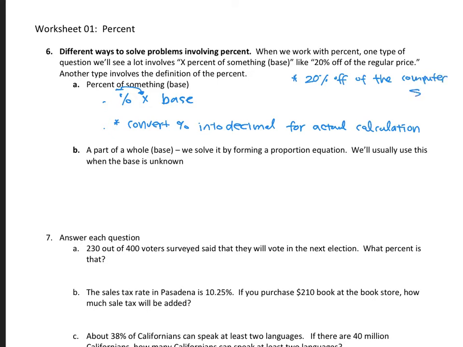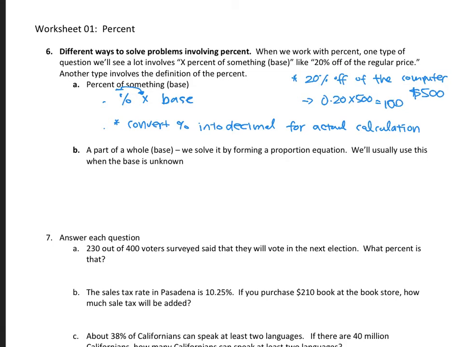this computer is $500. What does that mean? That means it's 20% times 500. So 20% converted to decimal is 0.20 times 500. If I calculate that out, you're going to get 100. So what that means is $100 is the discount you're going to get.